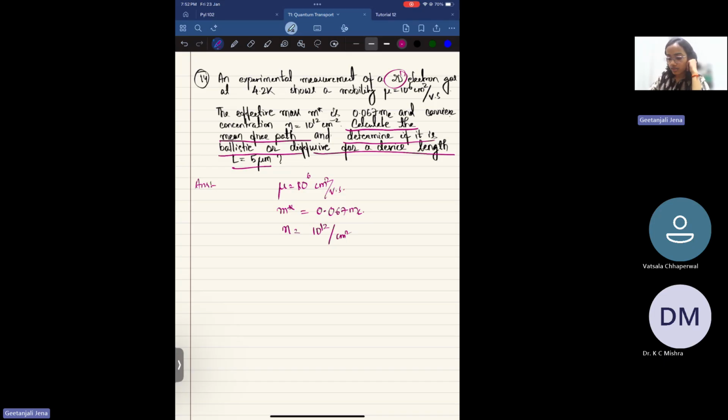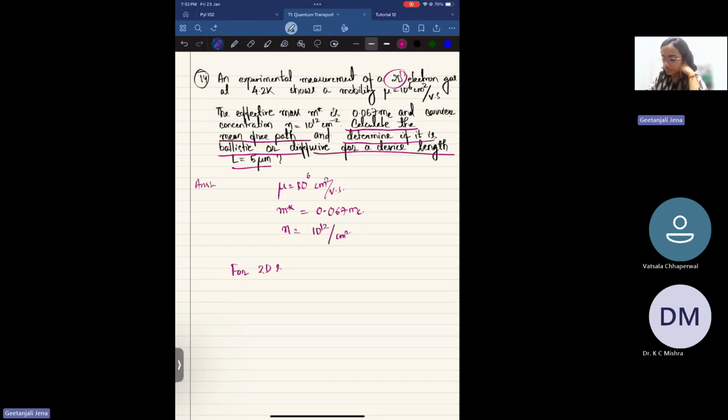For the 2D case, we have seen the relation for the 3D case, right? We have calculated the kf and lambda f for the 3D case. But for the 2D case, let us calculate kf and lambda f.